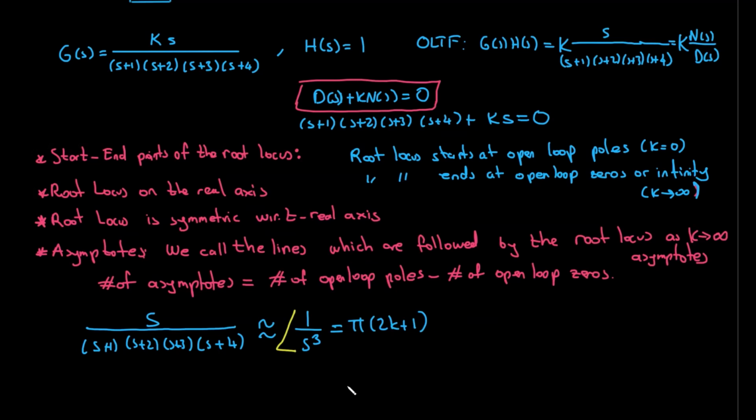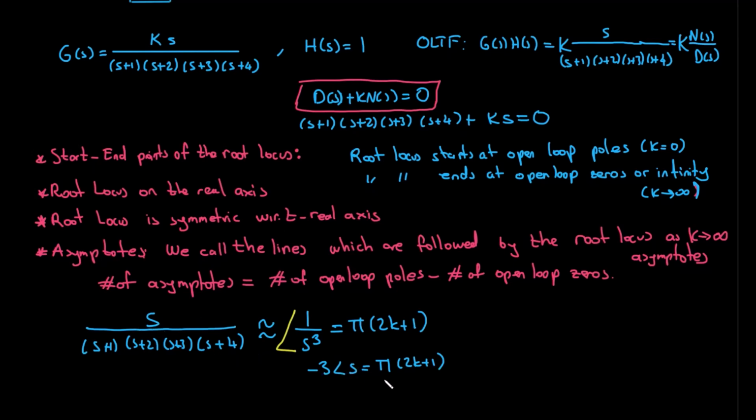That simply says that minus 3 times the angle of s should be an odd number of pi, 2k plus 1. For this example, the difference between the degree of the denominator and the degree of the numerator is equal to 3.